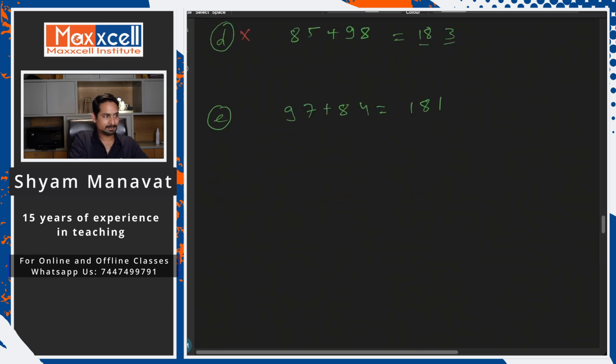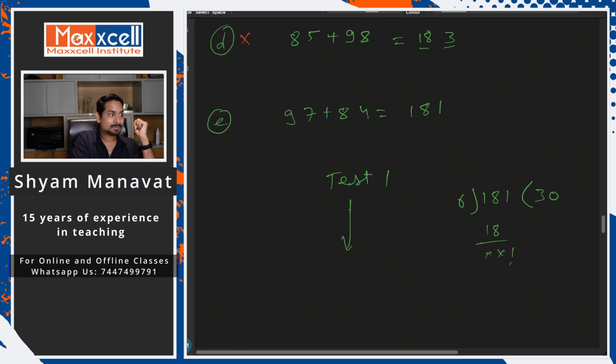Now test 1, if you apply test 1 here, 181 divided by 6, what is the remainder? 3 sixes are 18. Yes, remainder is 1. Pass test 1 because the remainder should be either 1 or 5. So yes, pass.